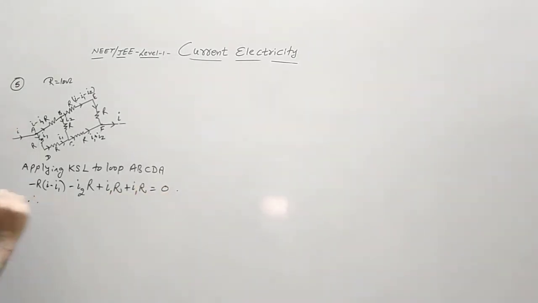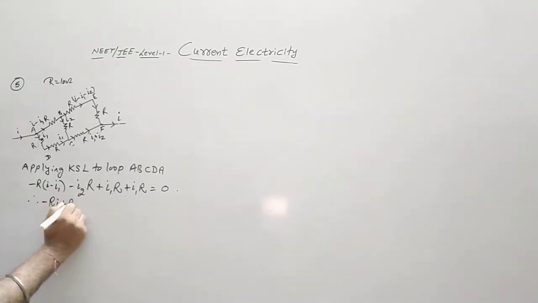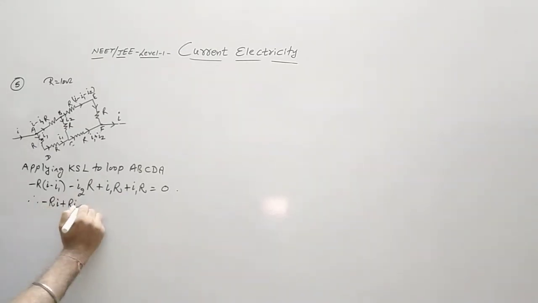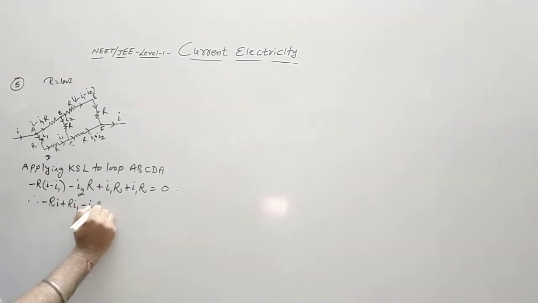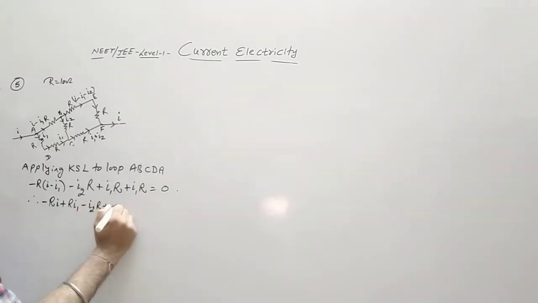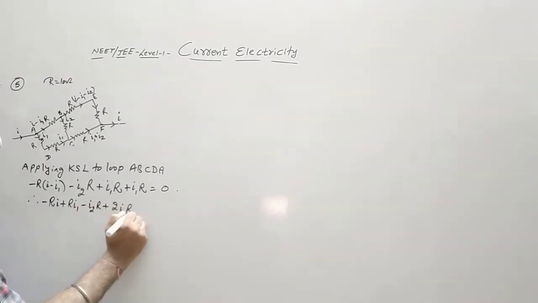So if we open the bracket, it becomes minus RI plus RI1 minus I2R plus RI1, and these are like terms, so 3I1R minus I2R minus RI is equal to 0.